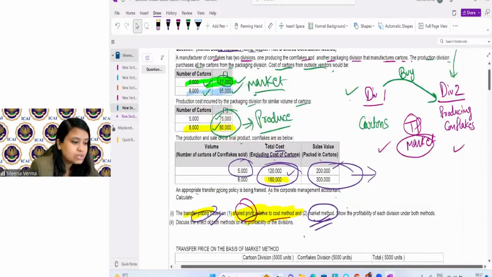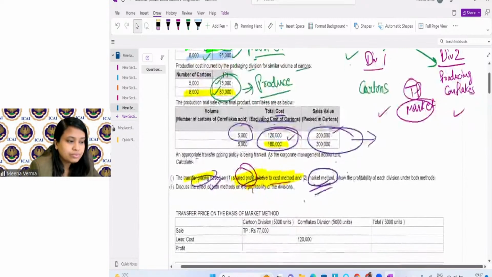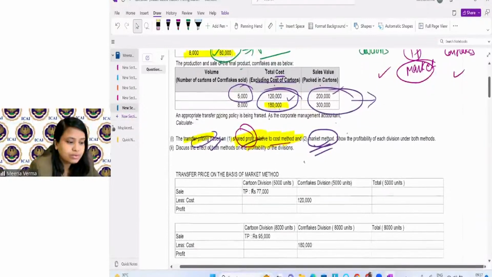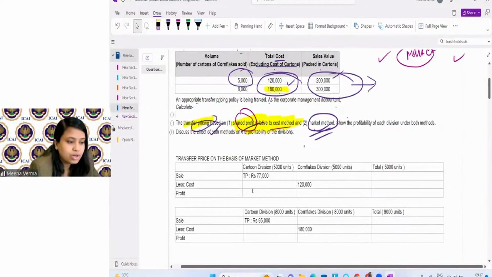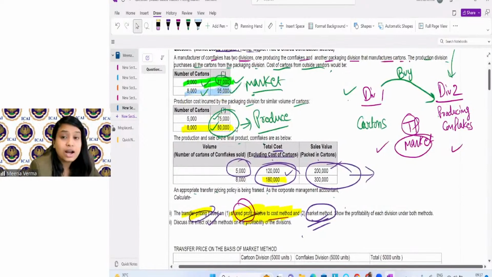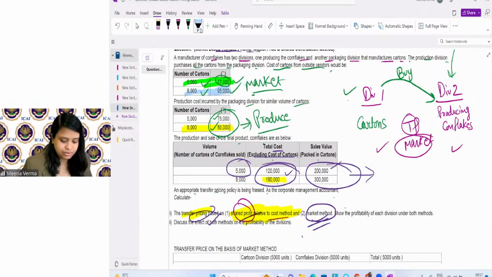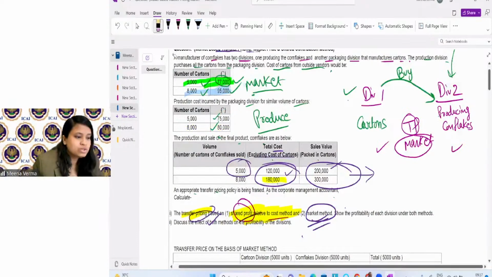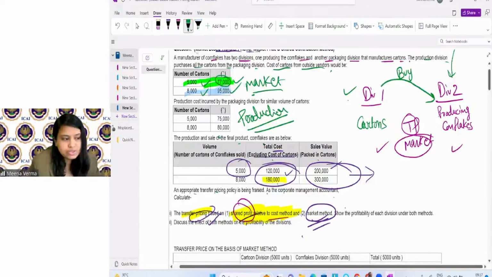And the cost of these divisions is given. What cost are they incurring? 75,000 for the carton division, the cost is given, right? Give me 1 minute. Okay. So if you see, this is the production cost. So the production cost of these two divisions is given.